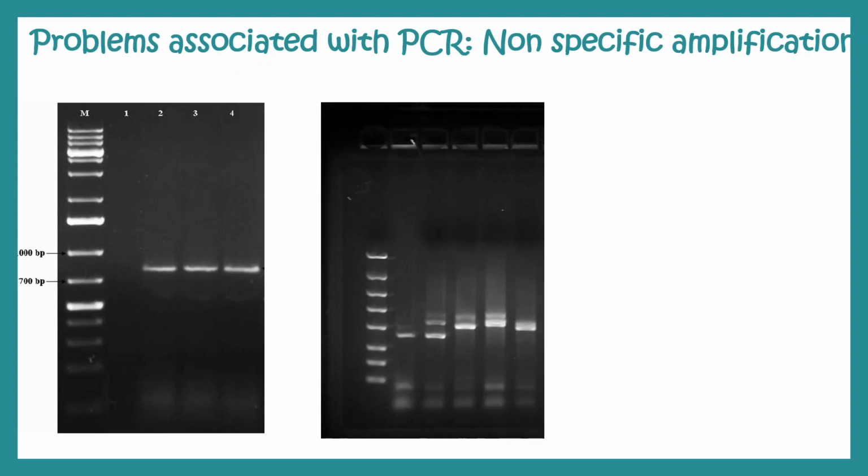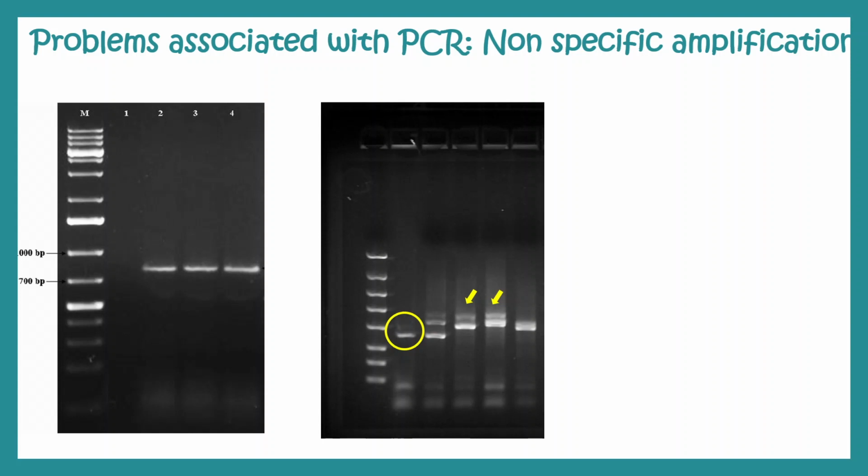But look at this particular gel. Here you see there are multiple bands. You are expecting one band around 800 base pair, but why do you get multiple bands? This can be caused due to non-specific amplification. So this particular band encircled in yellow is your target band. Look at other wells.